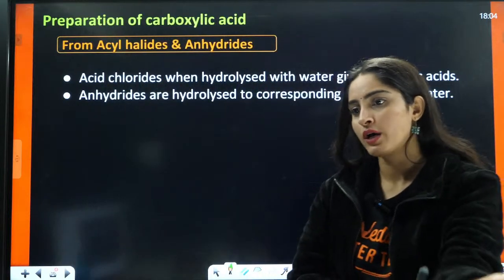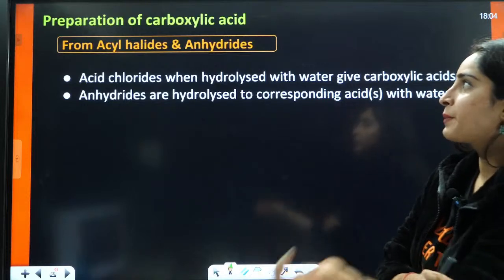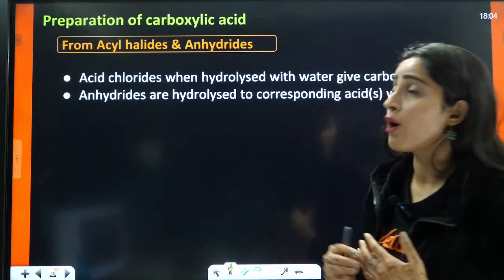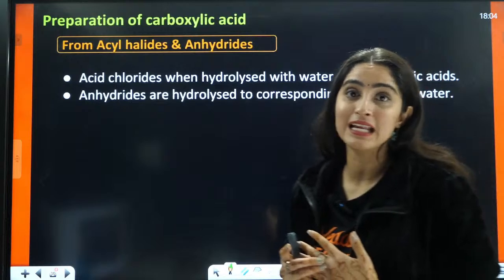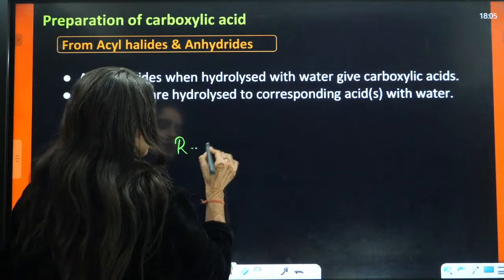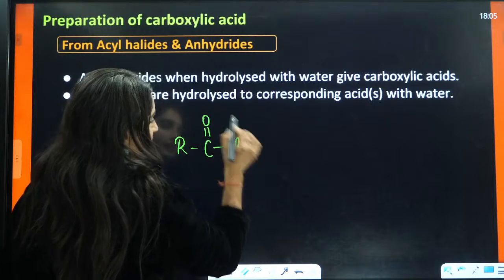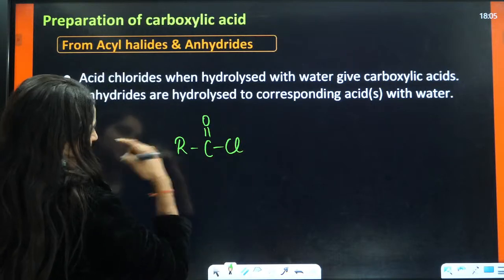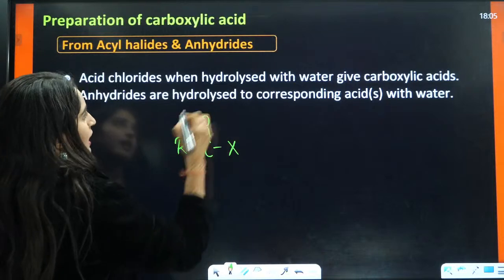Okay. Now, let us see preparation of carboxylic acid from acyl halides and anhydrides, right? Acyl halides means when you have RC double bond OCl, or you can say acyl halide means X here.